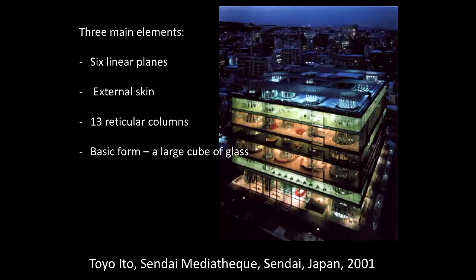And what is interesting in these spaces is that they're not just columns, because they are reticular, and they're designed a special way. Ito has put in these spaces these hollow tubular columns, which are not one continuous shape going up, but they change shape from floor to floor.